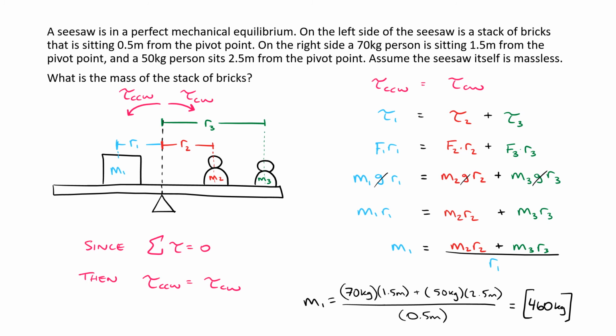One person is at 1.5, call that R2, and another person is at R3. This one is M2, and this one is M3.